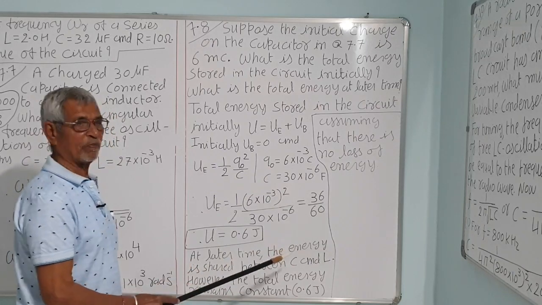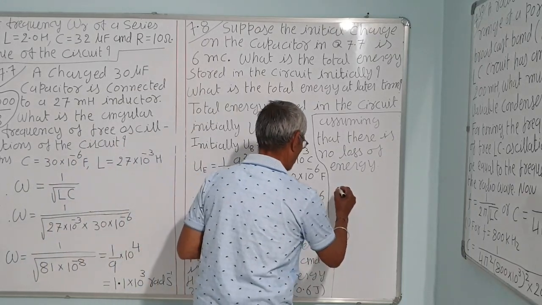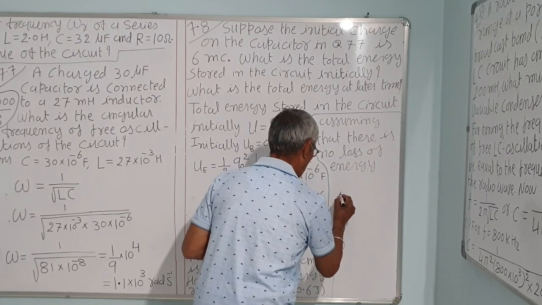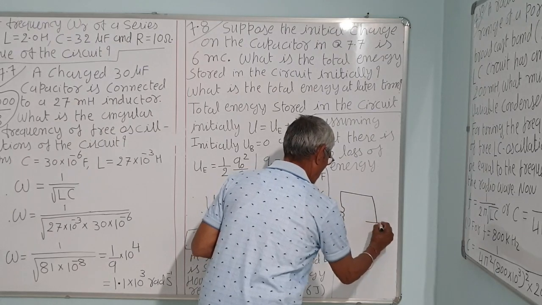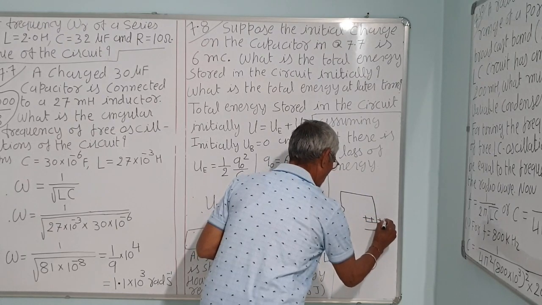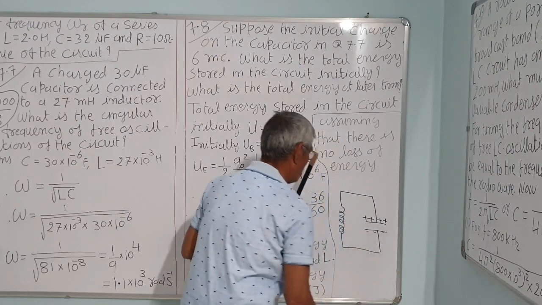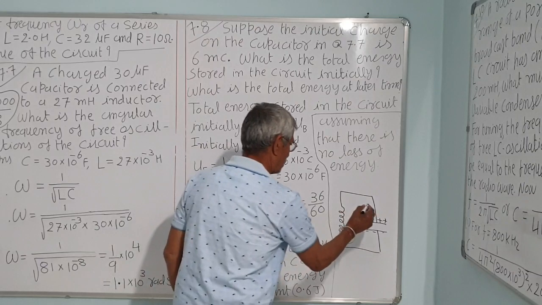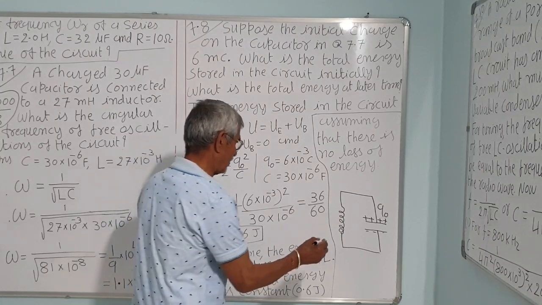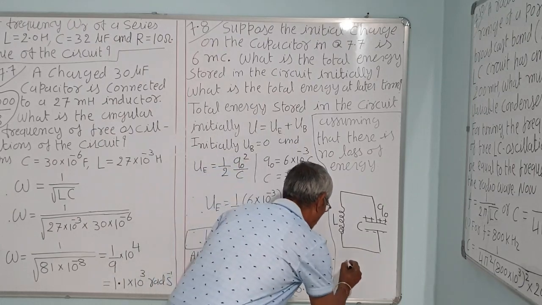At a later time, what will happen? The capacitor will discharge, and current will flow. Initially the capacitor is fully charged, so the charge is Q0 and the energy is half Q square by C. The value of the capacitor is C, and this is inductor L. When the circuit is completed, what will happen?